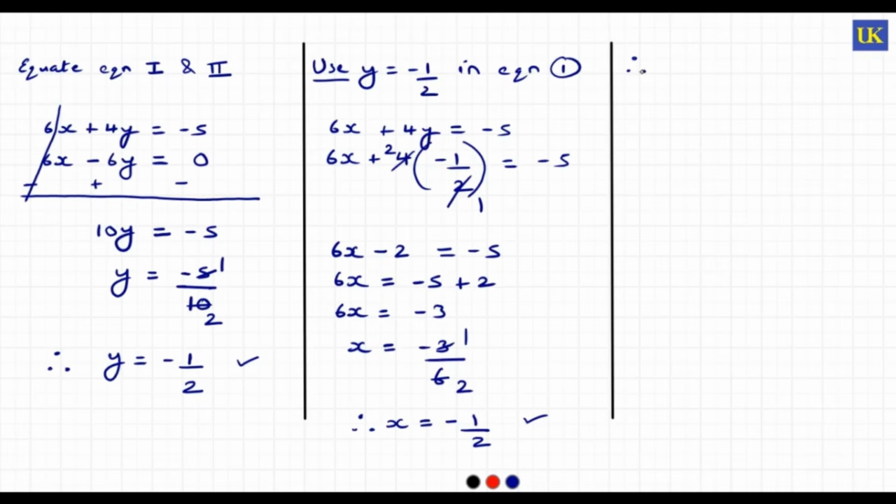The coordinates of O, which we had taken as x comma y, are -1/2 comma -1/2. So these are the coordinates of the center of our circle. All right, so this completes this sum. Now we will see the next sum on the next page.